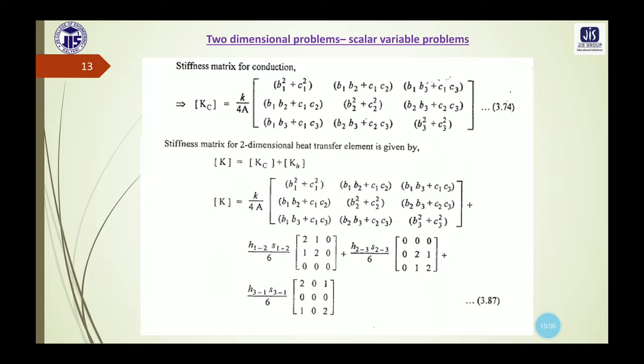There is a lengthy derivation for this stiffness matrix, so we only need to remember formula 3.74 to solve the numericals. The stiffness matrix for conduction, Kc, is K by 4A multiplied by this 3 by 3 matrix.